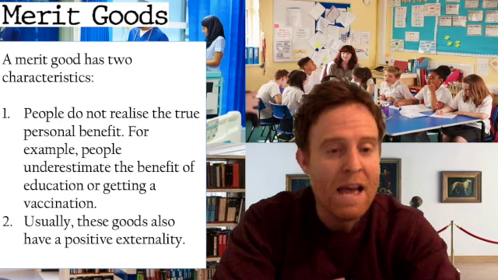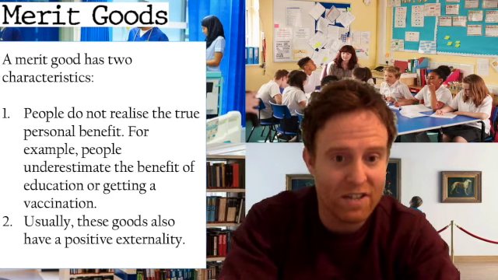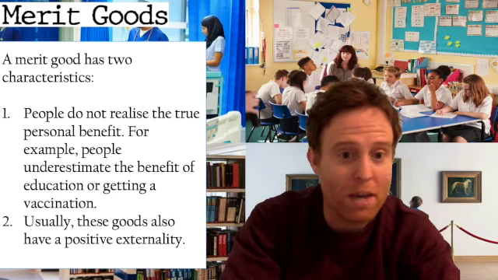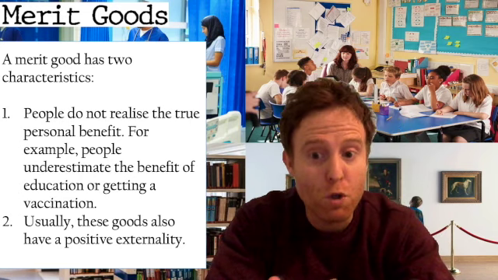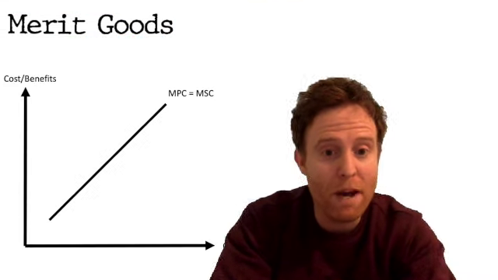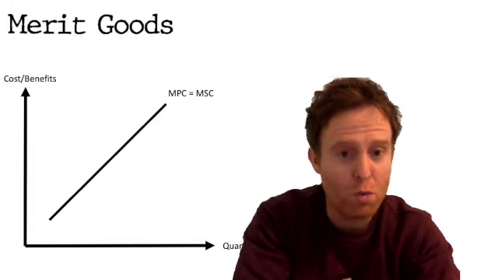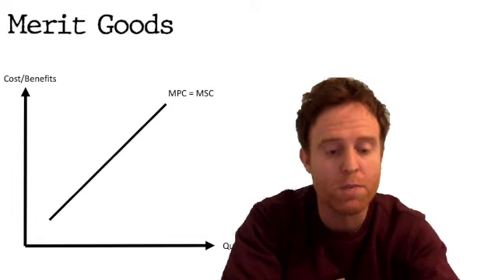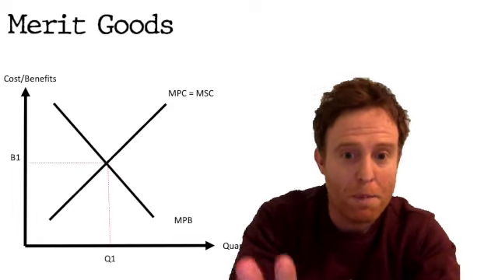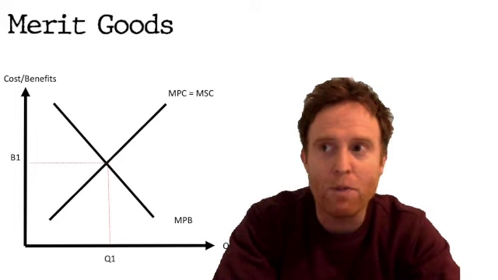The second characteristic is that they have positive externalities. Just like public goods, merit goods also have those positive externalities. If we look at the diagram again, we're looking at it from a consumption point of view because we're consuming these merit goods. We have the marginal private benefits of these goods, in terms of the transaction.